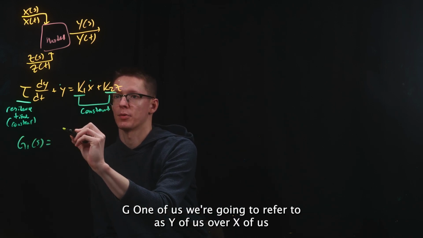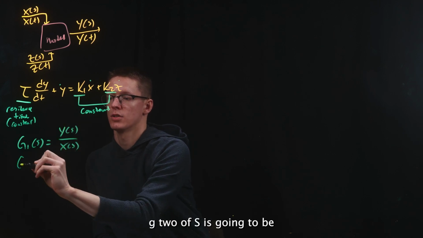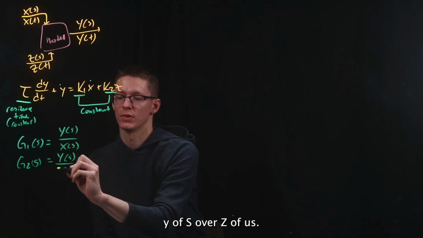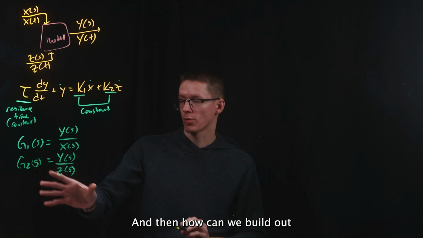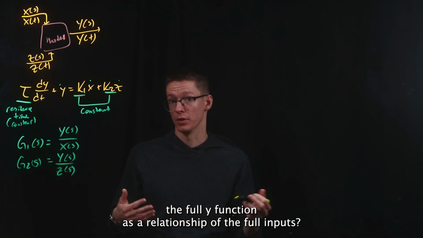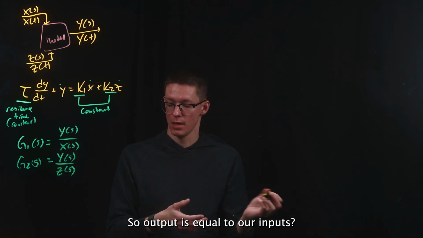G1 of s we're going to refer to as Y of s over X of s. G2 of s is going to be Y of s over Z of s. So how can we find this, and then how can we build out the full Y function as a relationship of the full inputs? So output is equal to our inputs.